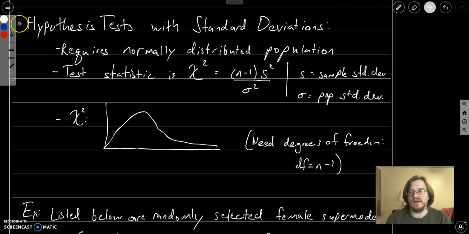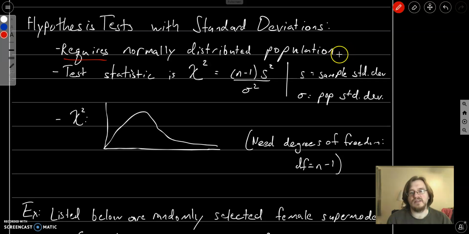The first very important thing to remember is that all of what I'm going to be talking about, the chi-squared tests, require that the population we're testing has to be normally distributed. So this absolutely requires it. This is unlike testing proportions and means.